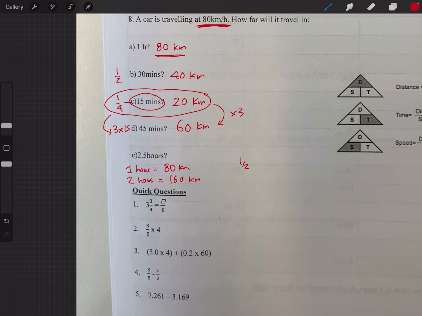And half an hour we travel 40 kilometers. So if you want 2.5, you're going to add this and this. So 2.5 should be 160 plus 40, and that'll give you 200 kilometers. And there's the answer for that one.